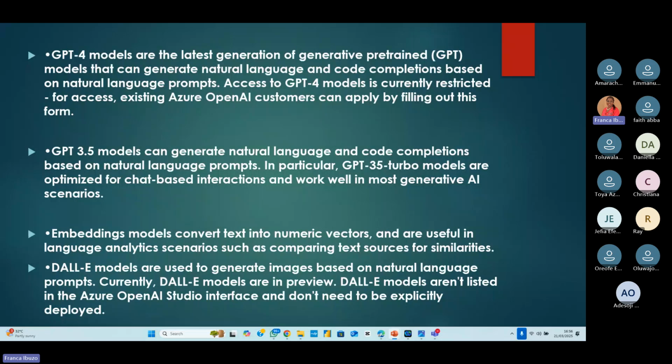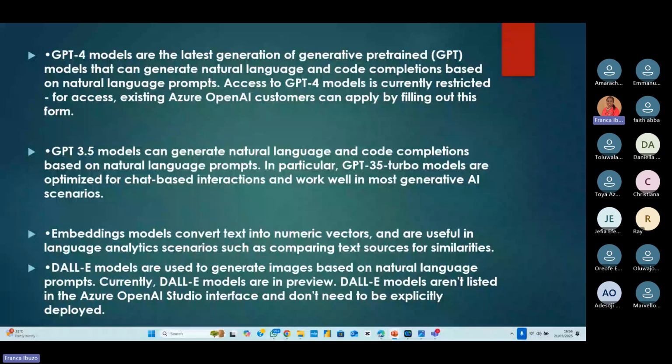We talked about the GPT-4 models, which are the latest generation of generative pre-trained models. Remember that GPT stands for generative pre-trained, and these models can generate natural language and code completions based on natural language prompts.